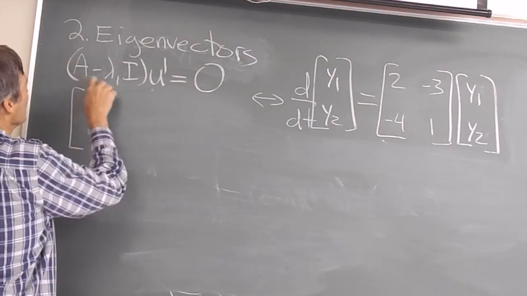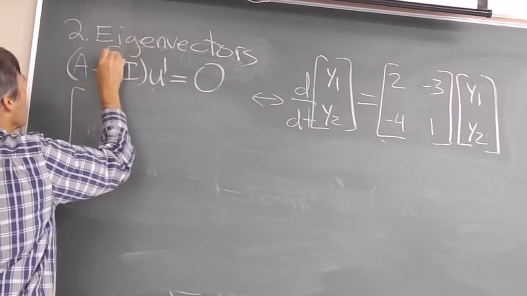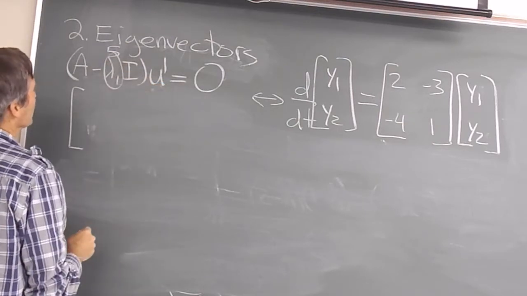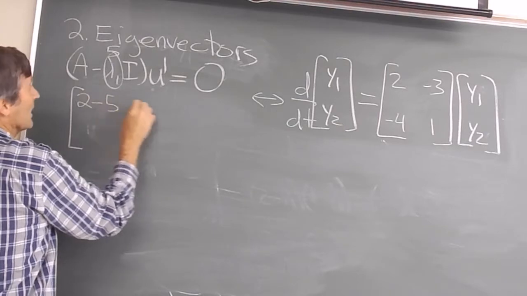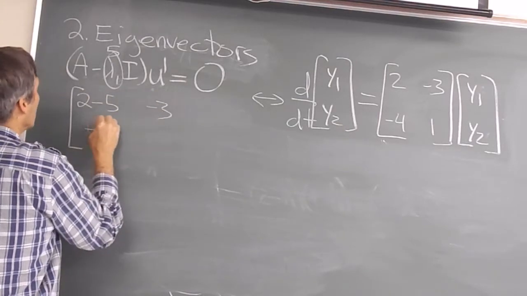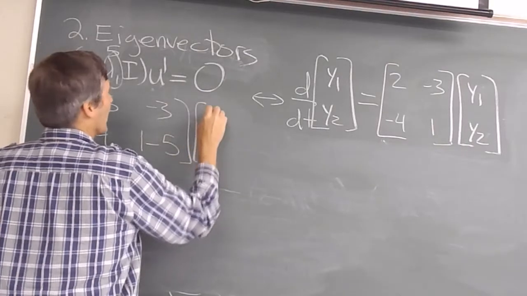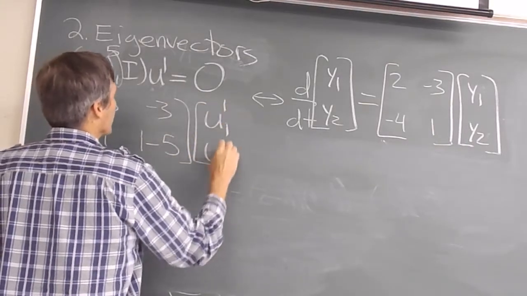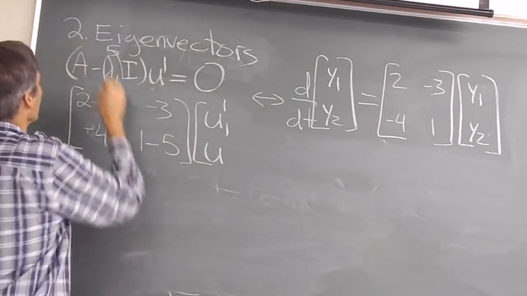And so we'll have this. What's A minus lambda 1? Lambda 1 was 5, so it's A minus 5I times U1 equals 0. We'll take 5 off each diagonal element times U1, which has two components. Right, this is unlike the eigenvalue equation, this is a vector equation.